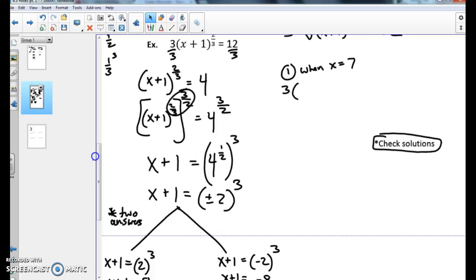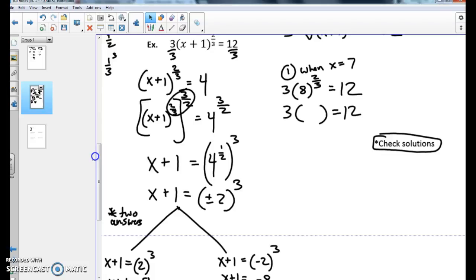That'll give me 3 times 7 plus 1, which is 8, to the 2/3 power. And hopefully that equals 12, right? So I get 3 times something equals 12. 8 to the 2/3, if you could do that on your calculator, that's one way to do it.